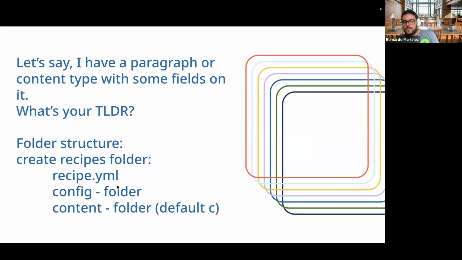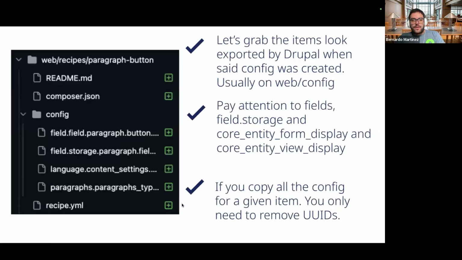If you know what I'm talking about, it's basically when you add a field in Drupal, if you do a drush cex, there is some configuration that goes along with it, and then you export it, and it goes into a default folder in Drupal if you're a developer. But you can copy those and put them into the folder here, and then just reference those inside of the recipe folder, and then that's it. Similar with content, except you need to install the default content module.